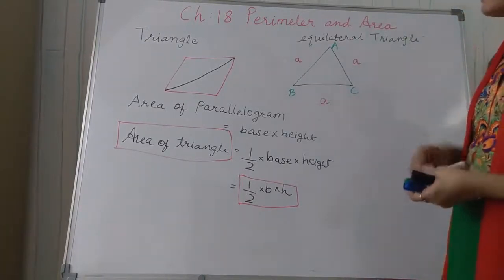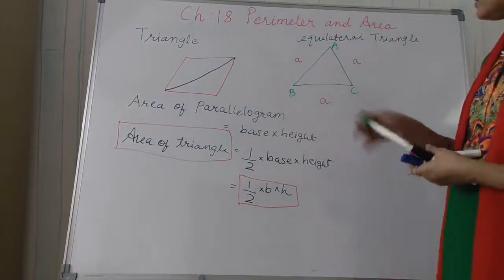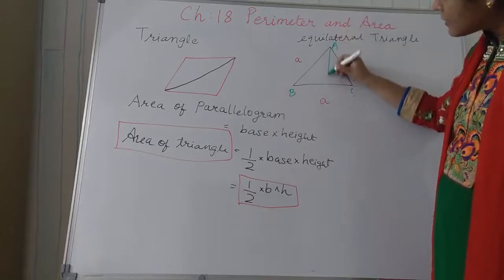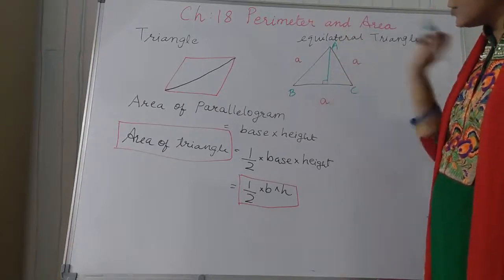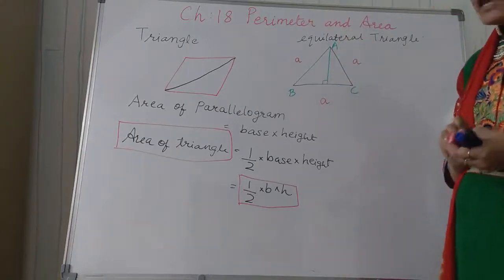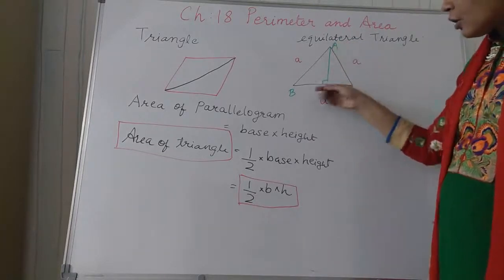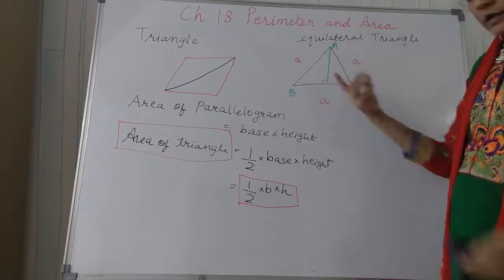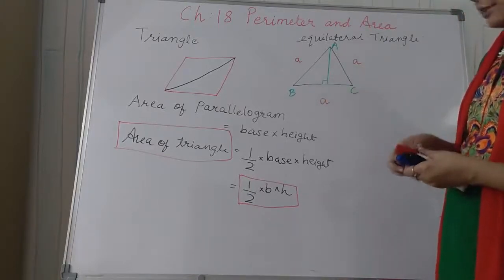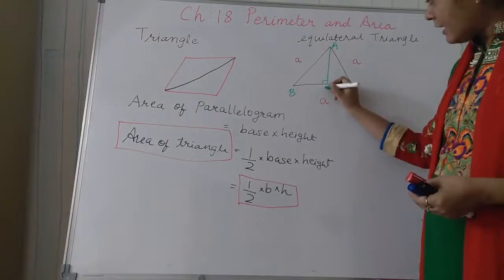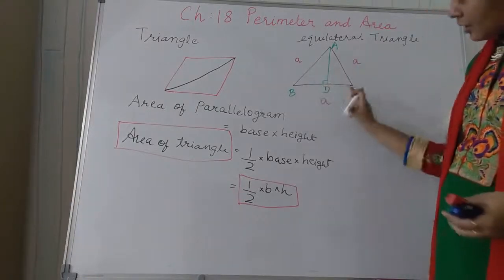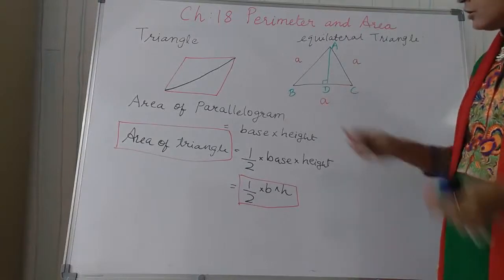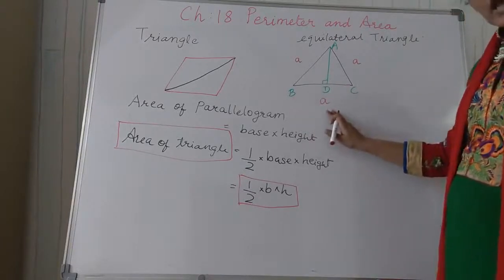Now to find its area, I will draw a perpendicular from the vertex to the base like this, students. The property says that when you draw the perpendicular on the base, it will divide the base into equal measure. It means if here I write AD perpendicular to BC, then BC is the whole side a.